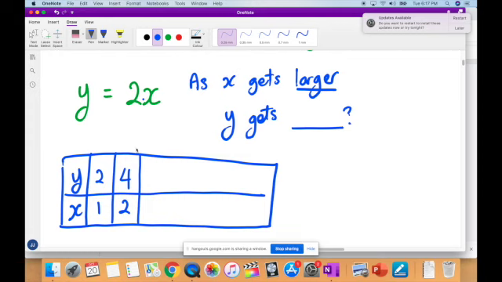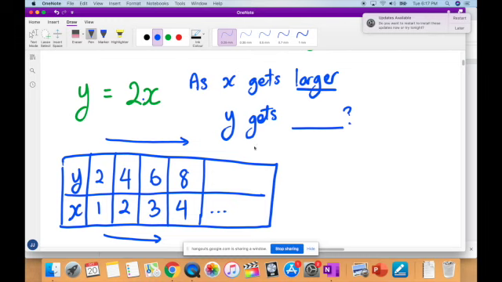So when x is 3, y is what? When x is 4, what's y? So we could see here that as x gets larger, y is also getting larger. So as x gets larger, y gets larger.